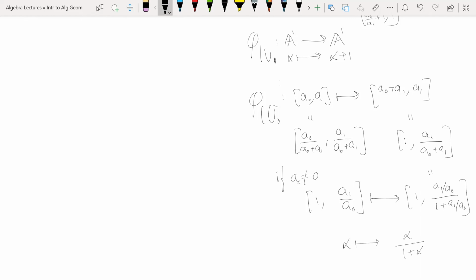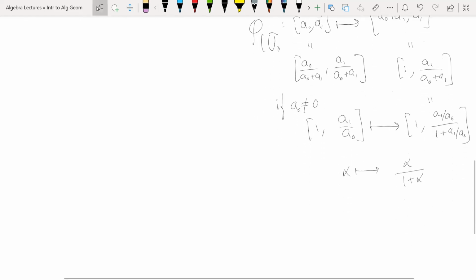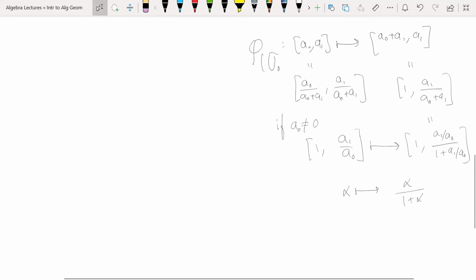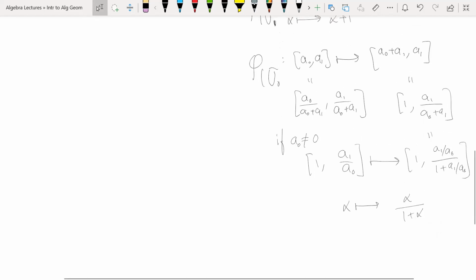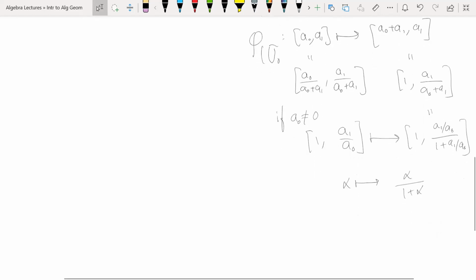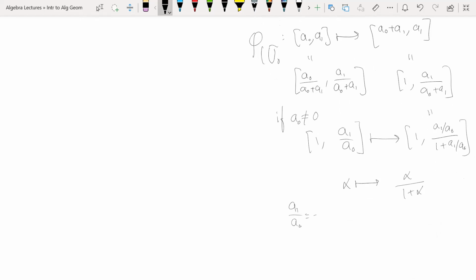So this doesn't make sense if alpha is minus 1. But if A1 over A0 equals minus 1, that means, yeah, so this works out. So this is the map.